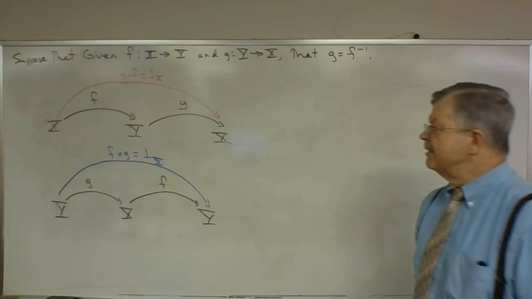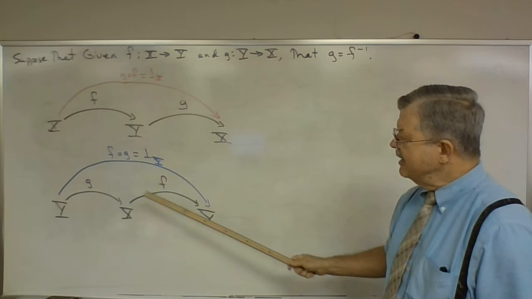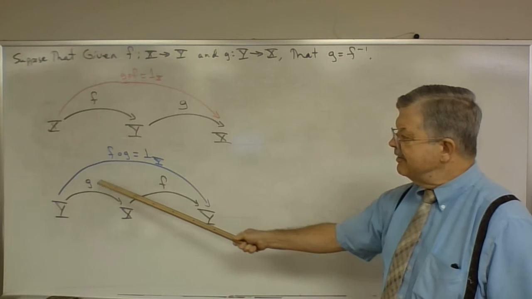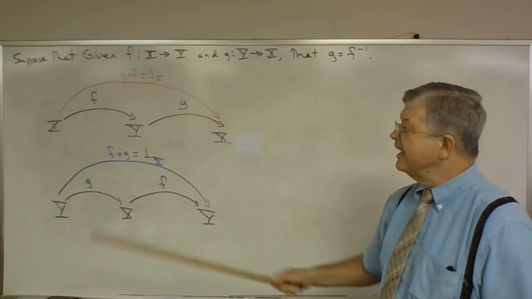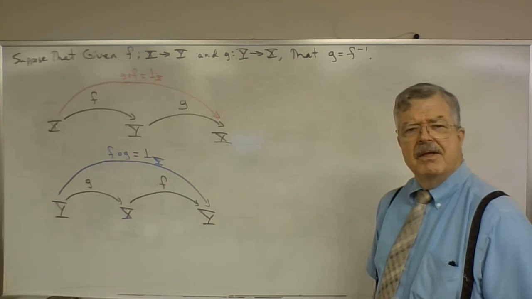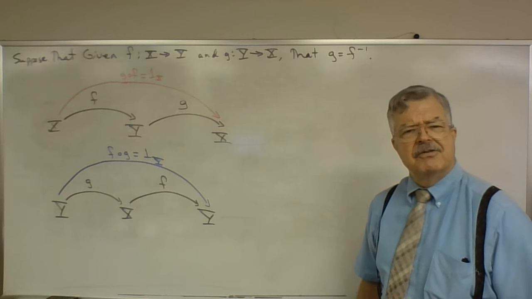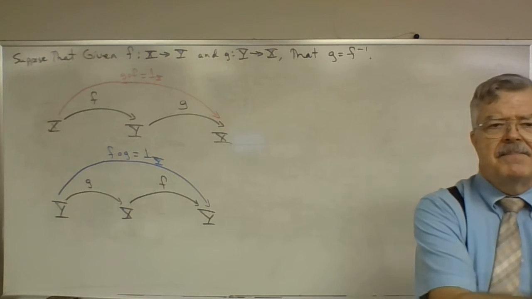And you might wonder, well, let's see. It looks like f is to the function g here as g is to the function f here. So why couldn't we say that f is the inverse of function g instead?